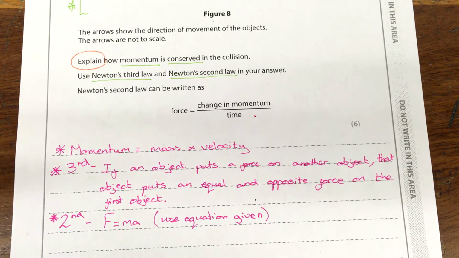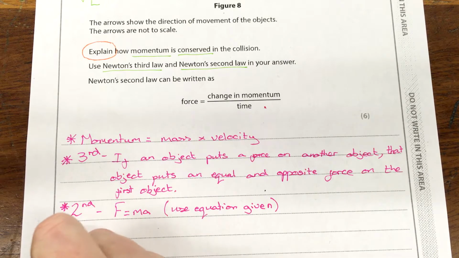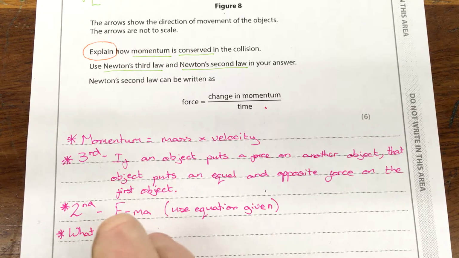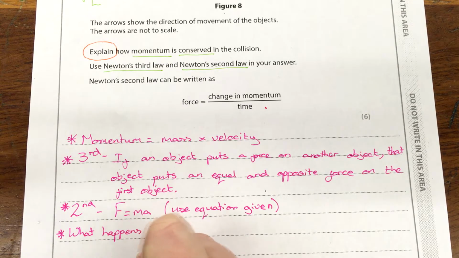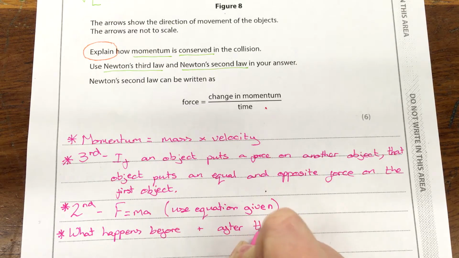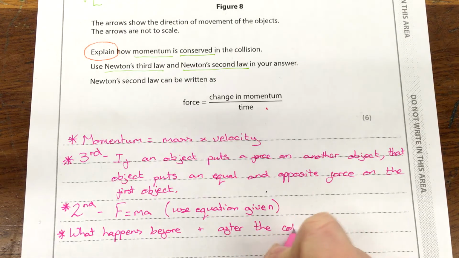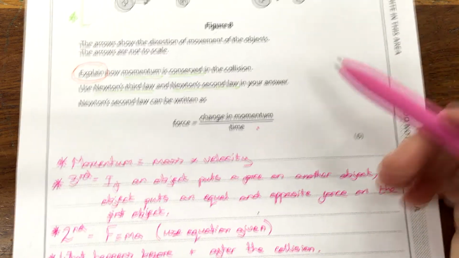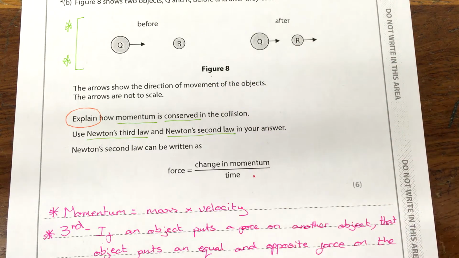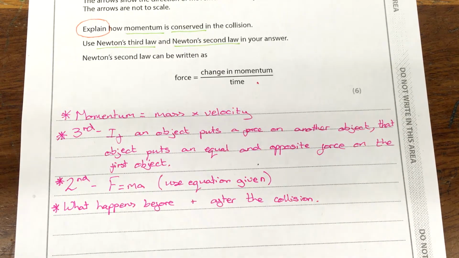Okay, finally, a couple of points that I need to include is what happens before and after the collision. So for that, I'm going to be talking about what their velocities are before and after, and what has happened to the momentum before and after. Okay, so I've scribbled my little plan there.